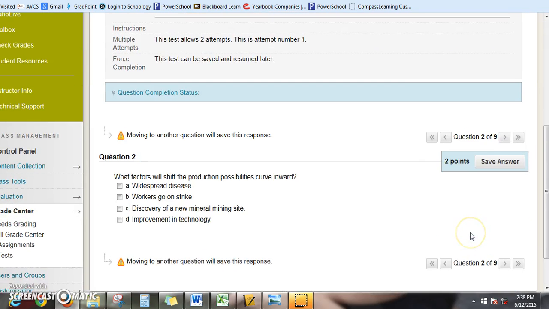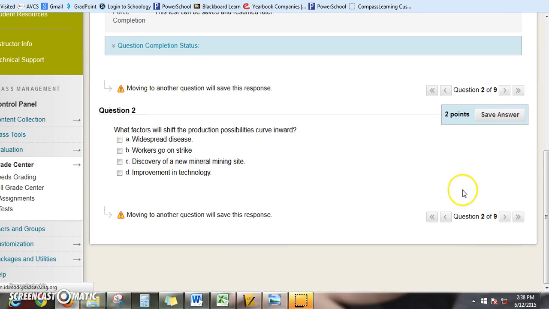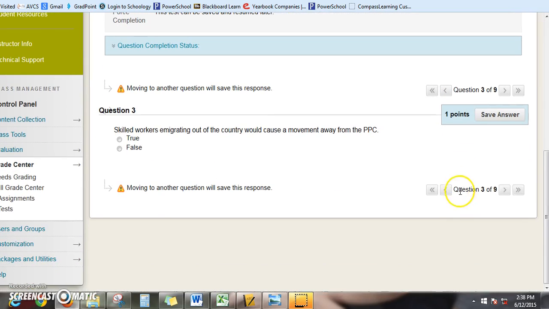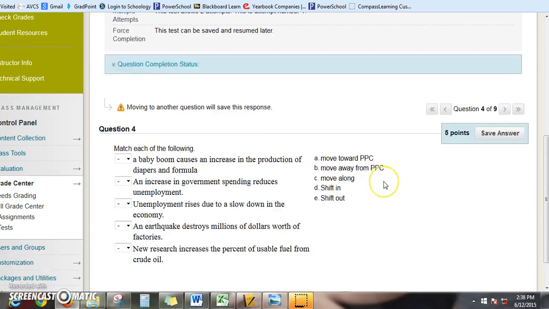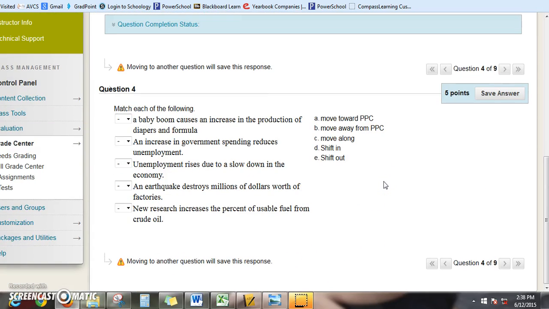Let's see if I can pull it up here. All of these questions have to do with movement away or towards the PPC as well as shifts. Okay, so this is the one that a lot of students were struggling with. So I wanted to give you some clear graphs, some clear diagrams that will help you with this.